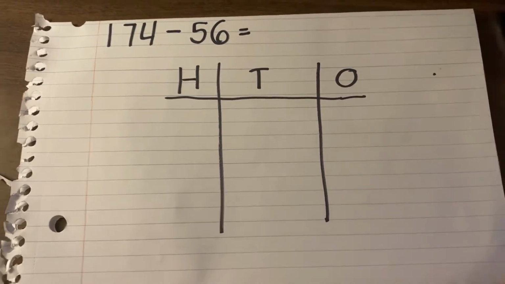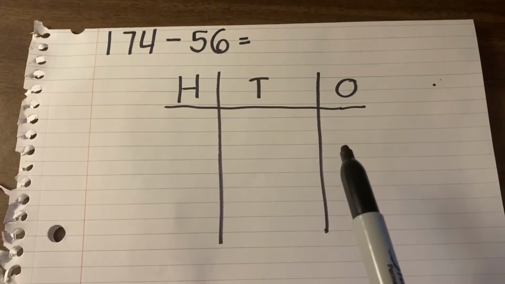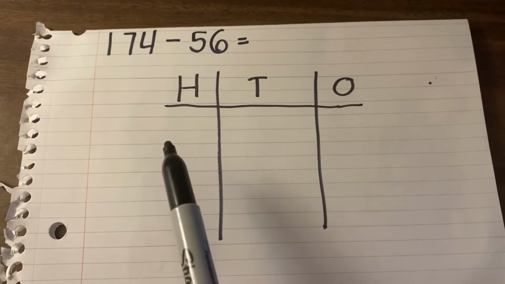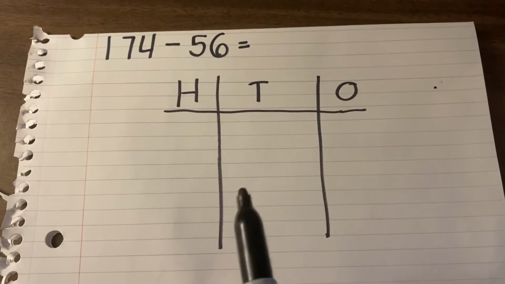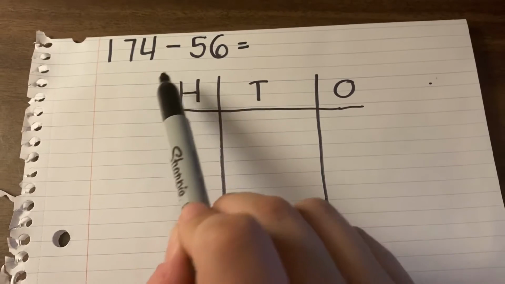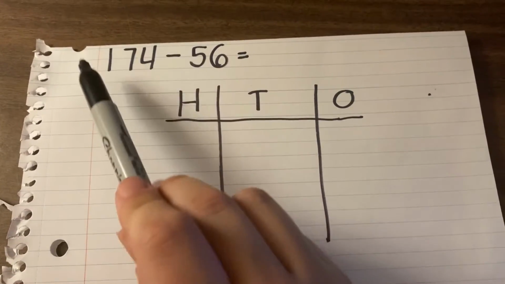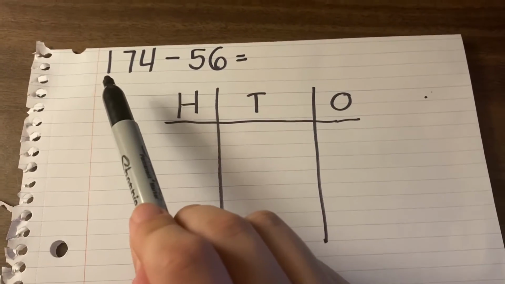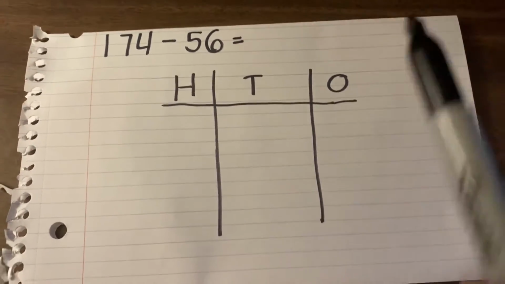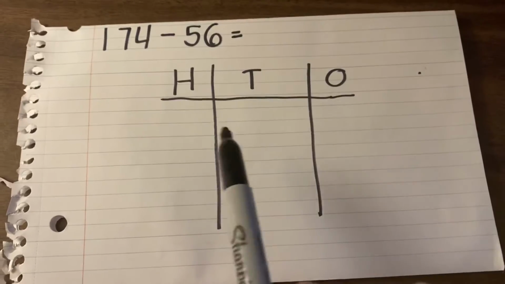Okay, so now that we've set up our problem here, what number are we going to draw in our hundreds, tens, ones chart? Yes, we're going to draw our whole, and our whole here is 174. So in order to show 174 in our hundreds, tens, ones chart, I want you guys to go ahead and start doing it on your board while I do it here.